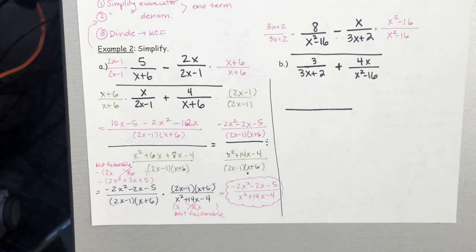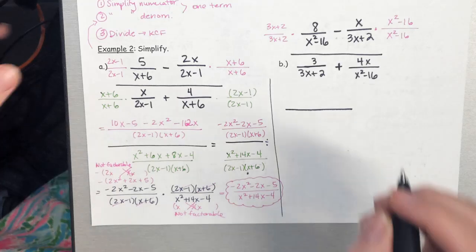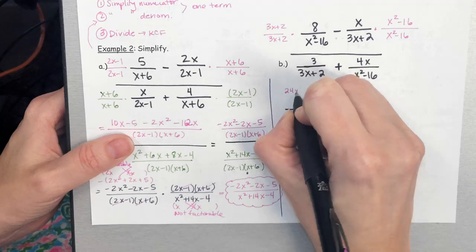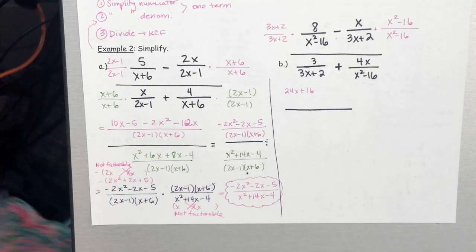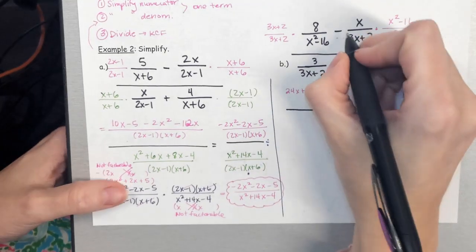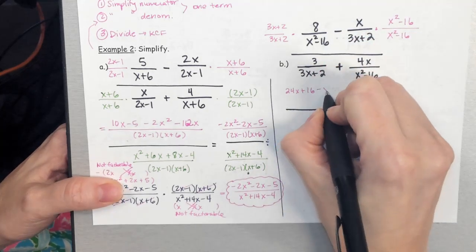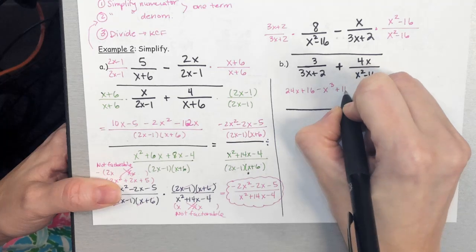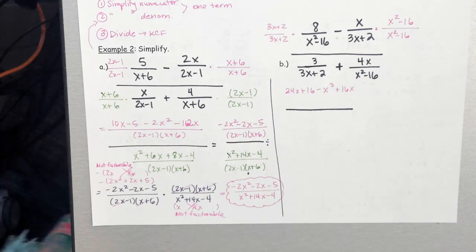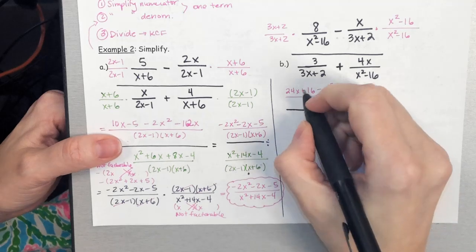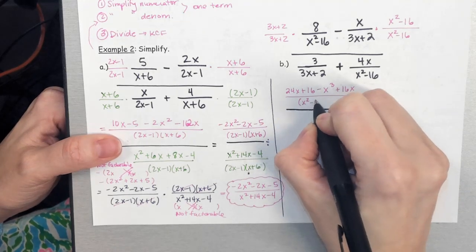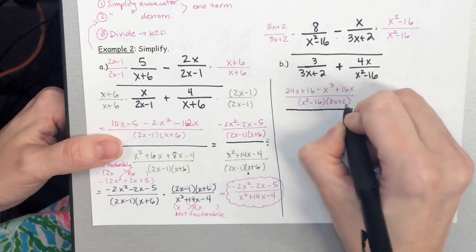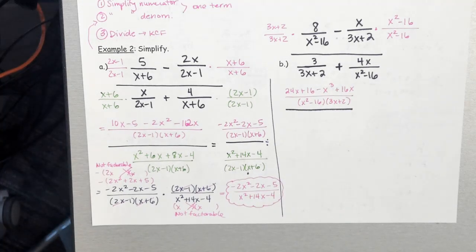Do we need any more time to simplify the numerator? Okay, so I got 24x plus 16, and then when I distribute the negative x, I got negative x cubed plus 16x. Okay, and then like I said, we're going to leave this like that for now.